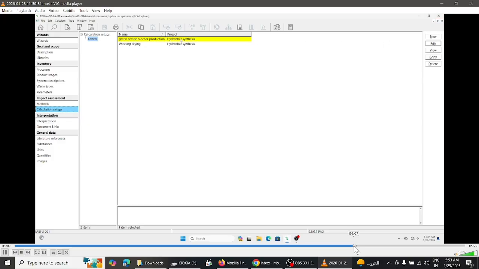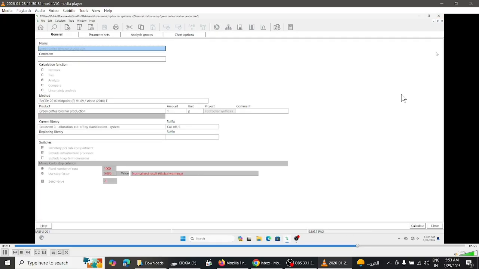In the new, we will choose view. You can see view here, this is chosen.